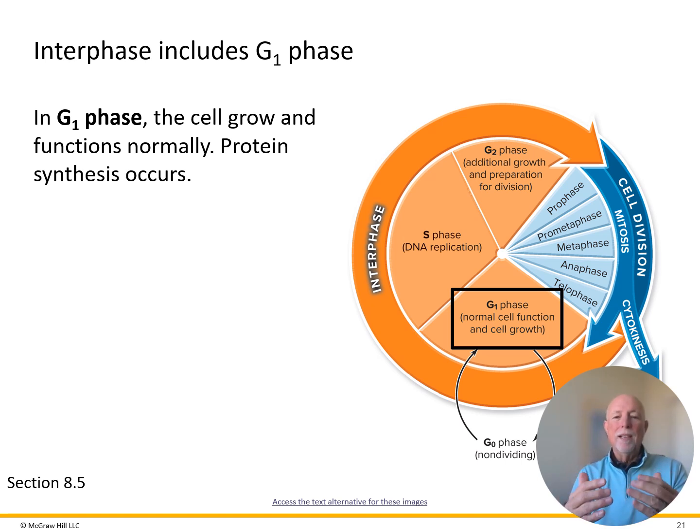Maybe it's size, it may be the ratio between the cell membrane and the interior volume, but something in the nucleus triggers the division process. And that's what this line is right here.